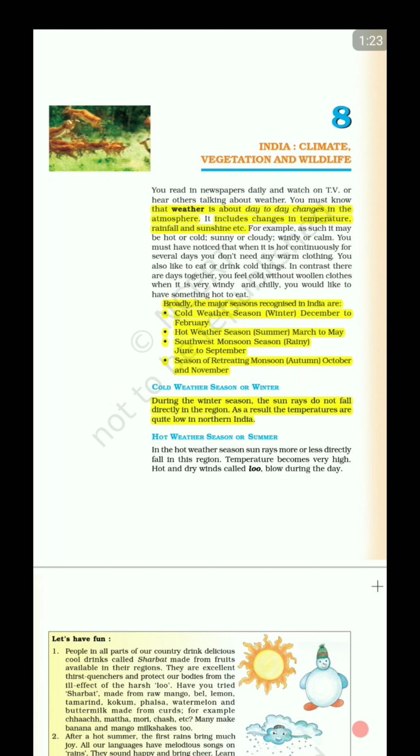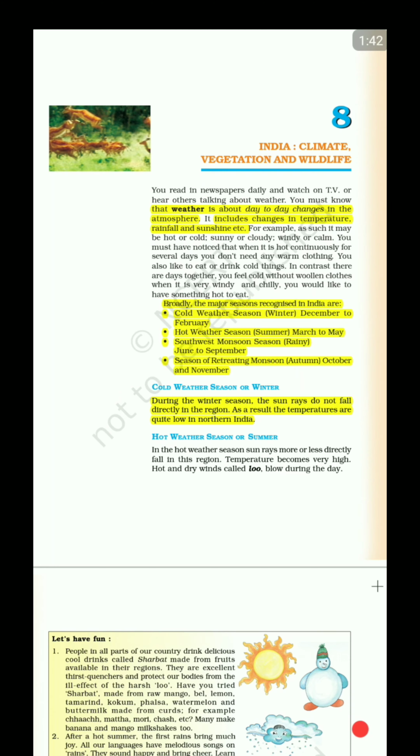This is from June to September, and then we have the season of retreating monsoon, that is October and November. So let's start with the first season.